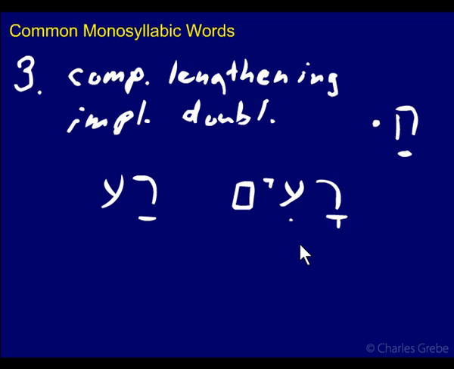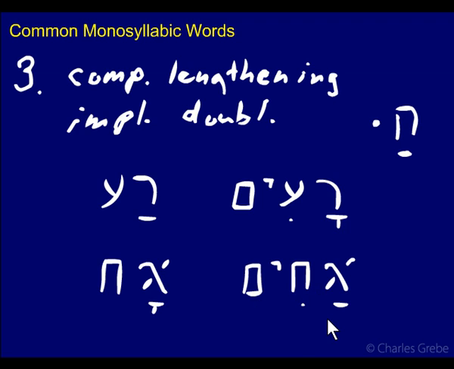And a similar one would be ach, which is brother. And this here is ahim. This, I suppose, would be implied doubling. It is pretending to double, virtual doubling, whatever you want to call it.